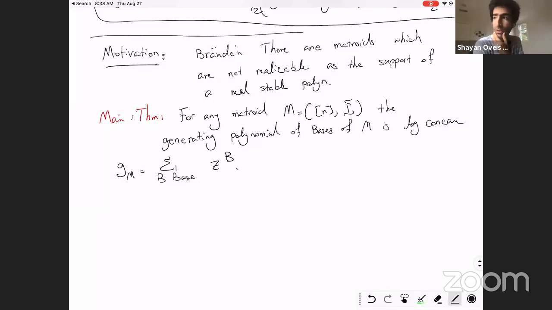For example, even if you look at a graphic matroid, but not truncated to subsets smaller than spanning trees, you get counterexamples. If you just consider a random set of vectors in R^n and look at the generating polynomial of the bases, most likely you don't get real stability.